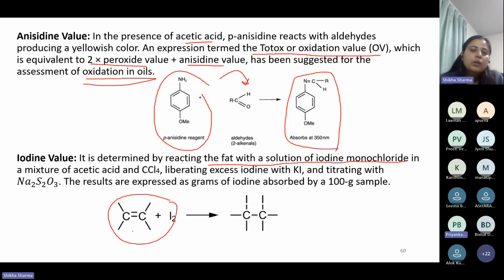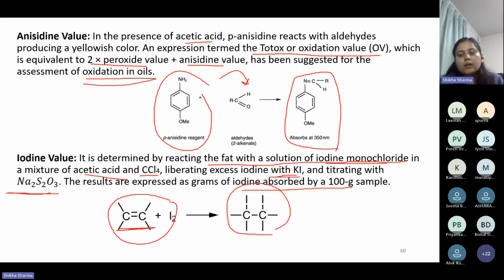So iodine reacts with the unsaturated fatty acid, which forms the saturated fatty acid, and we get to know the degree of unsaturation. The fat reacts with the iodine monochloride in a mixture of acetic acid and CCl4, and liberates the excess iodine with KI, and we can titrate it with Na2S2O3 and know the grams of iodine absorbed by a 100-gram sample.